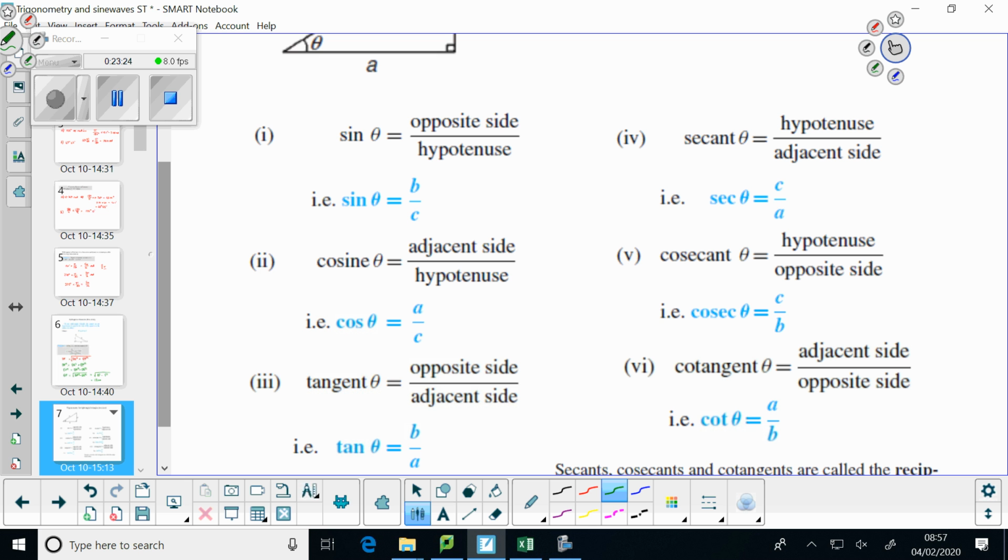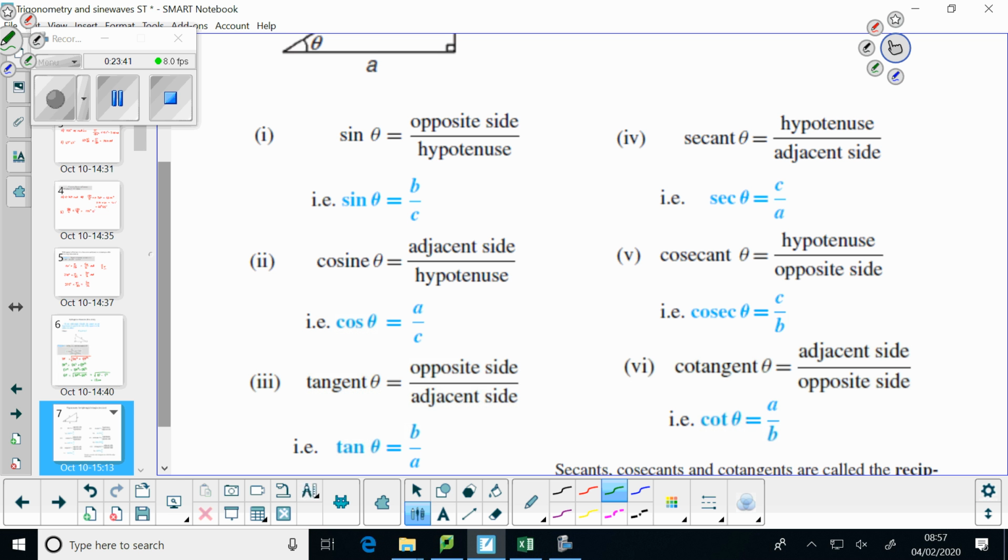That looked like the inverse cosine. That's the inverse sine, and that's the inverse tangent. We won't use them a great deal, to be honest. I'll put them in there for completeness.